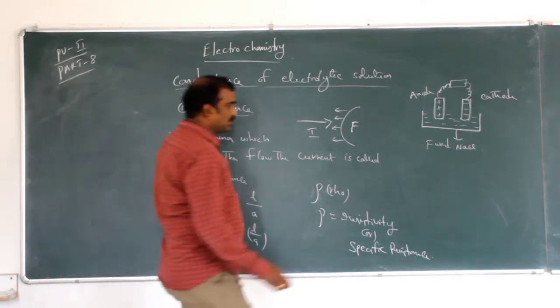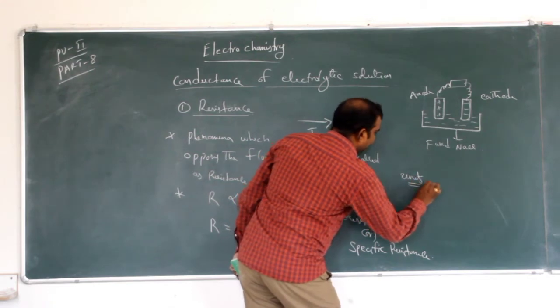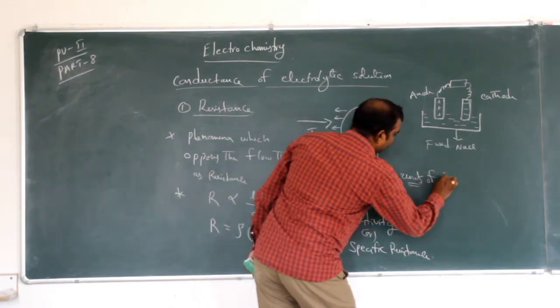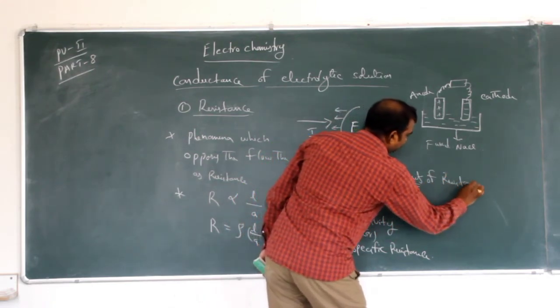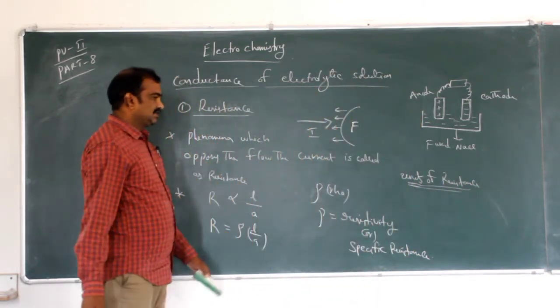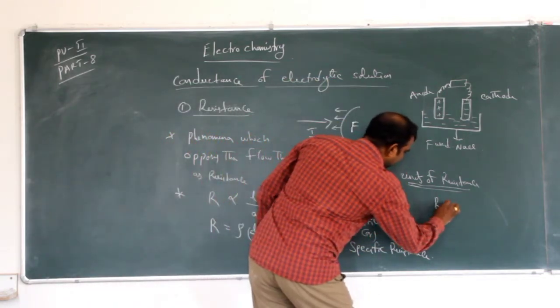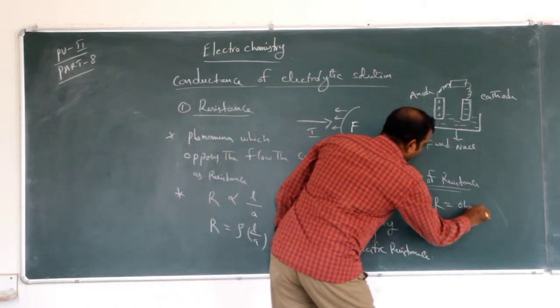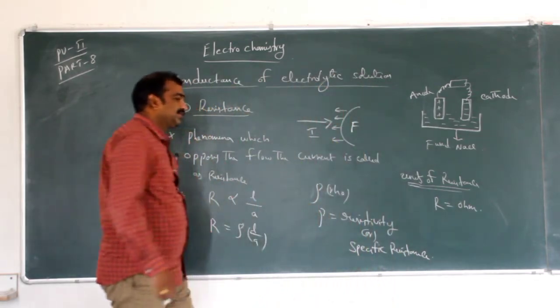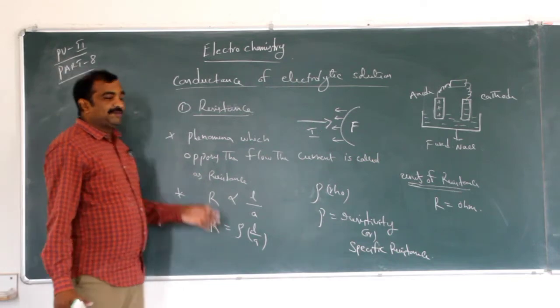So here, units of resistance. How can you write the units of resistance? The unit of resistance we can write as ohm. Ohm is a unit of resistance.